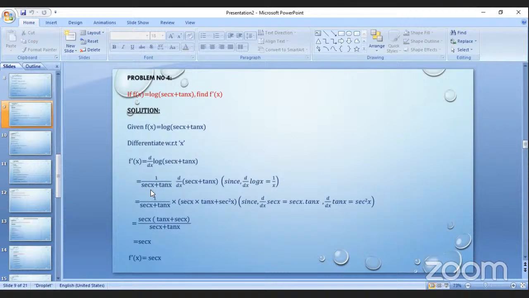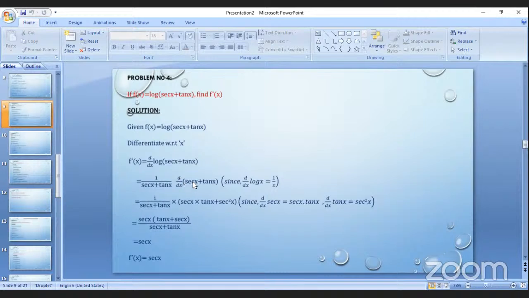That implies 1 by secant x plus tan x into d by dx of secant x plus tan x. D by dx of secant x is secant x into tan x, plus d by dx of tan x equal to secant square x.